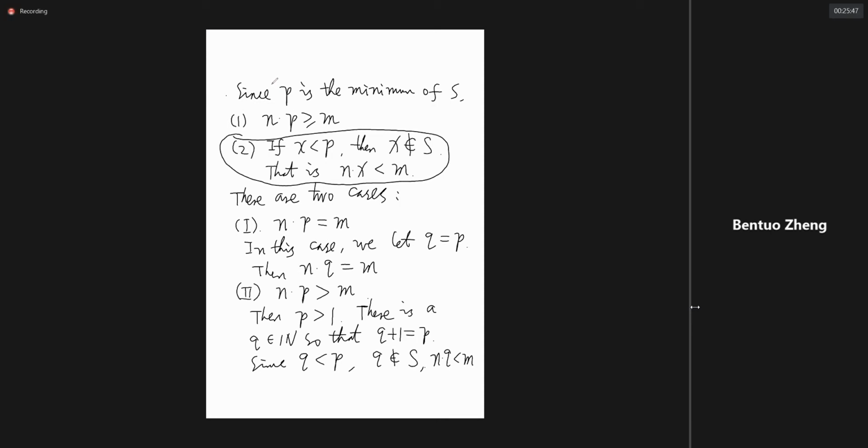All right, so we actually get three conditions. The first one is N times P is greater than M. And also we have Q plus 1 is equal to P. And then we have N times Q is less than M. So let's move these three properties to the next page for our convenience.